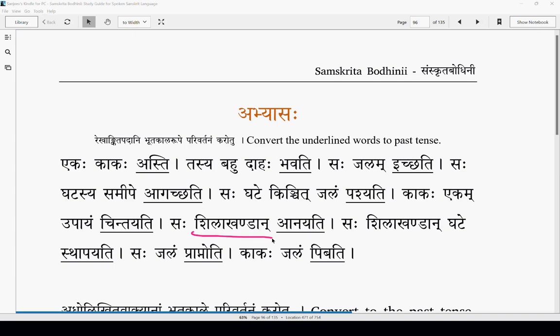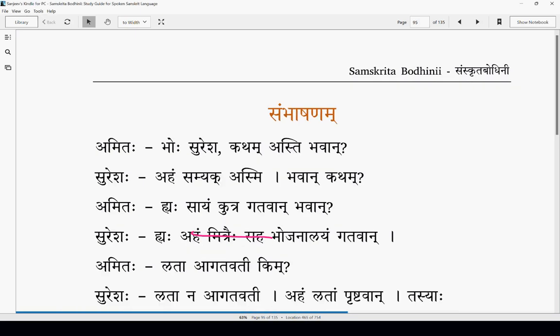If it is shilakhandani, then it will be napunsakalingam. Many times we can identify the lingas by the given words. Sometimes it's upayam chinteti. Just by looking at upayam, it's difficult to guess whether it's pullinga or strilingam.